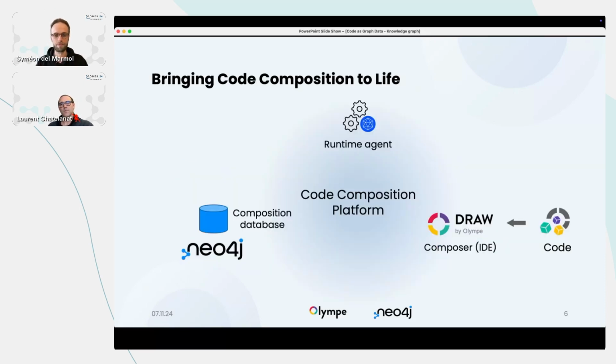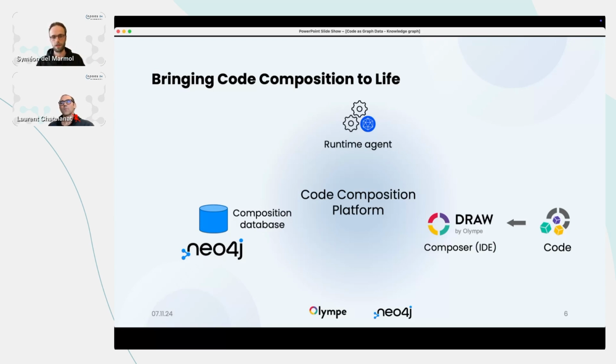So we have Olymp. Olymp, of course, implements the code composition paradigm. And like for any programming language, we need three things. First, a place to store that language. I spoke about it a few times. It's Neo4j, and we call it the composition database.